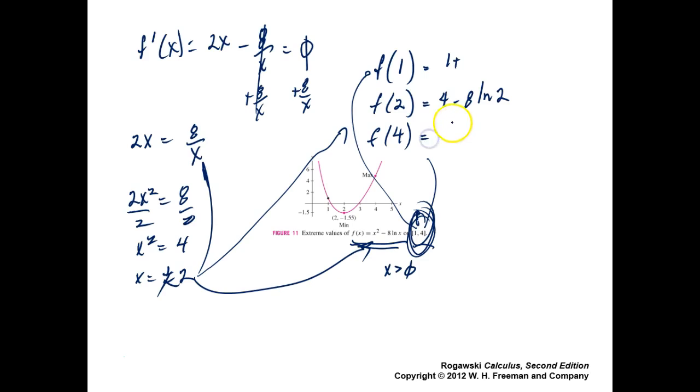And f of 4 would be 16 minus 8 log 4. Okay? Now, you can pull out your handy dandy calculator and find out what those values are. And I don't have one on me, but they do have it in the book.